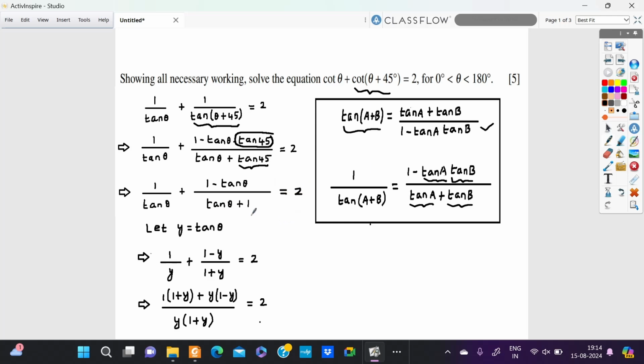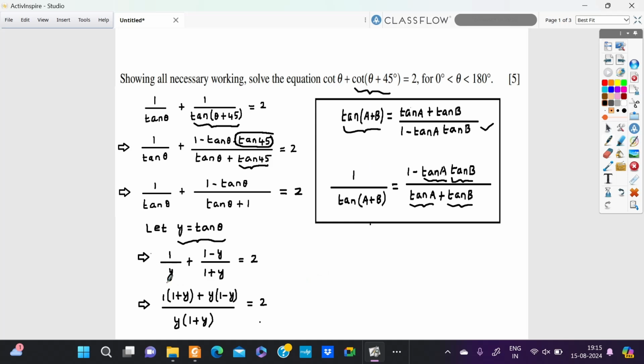Now to simplify the equation, to show it in simplest terms like a normal equation, I just replace tan theta with y. So this equation becomes 1 over y plus (1 minus y) divided by (1 plus y) is equal to 2.